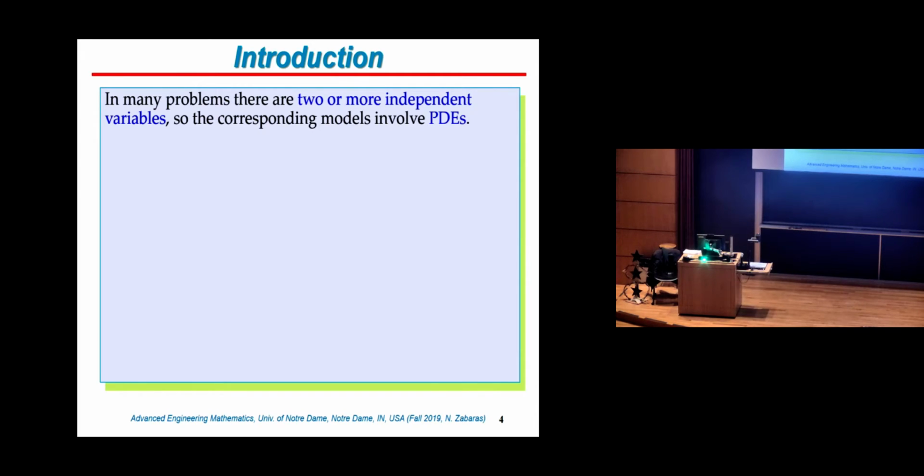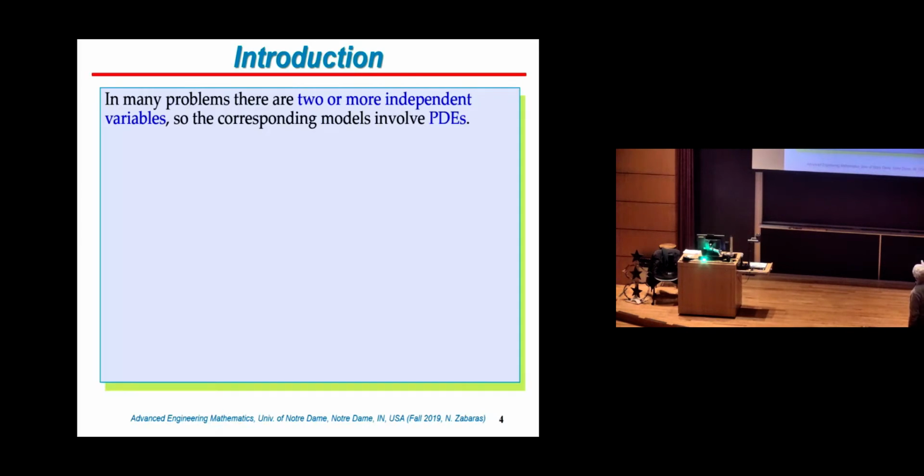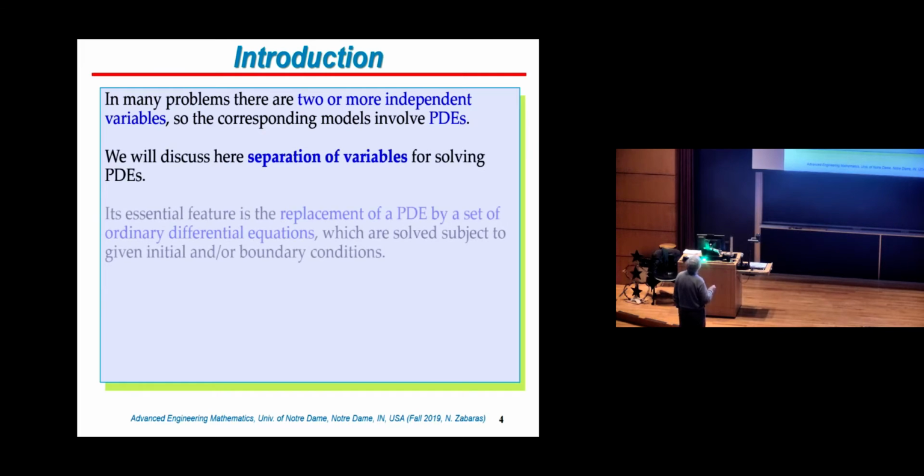And I'm interested in partial differential equations, which means that instead of having one independent variable, the time t in the earlier lectures, now we're going to have x and y and z, all right? So we're going to have more than one independent variable. The idea here is we're going to come up with an easy way to solve these problems using a technique called separation of variables.